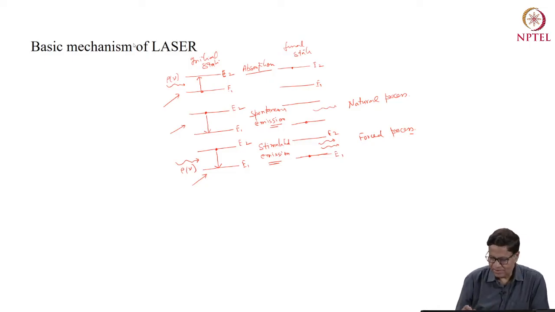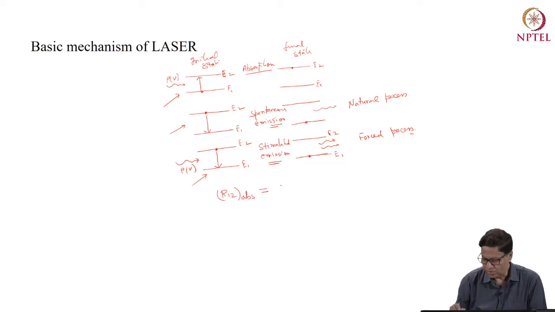If I consider, for example, the absorption part, then the absorption rate R12 is equal to rho nu, that is the flux density falling onto it, and it is proportional to the number of electrons in the E1 level, which is say N1, and the probability that the electron is here and is absorbed is given by B12. These are transition probabilities.